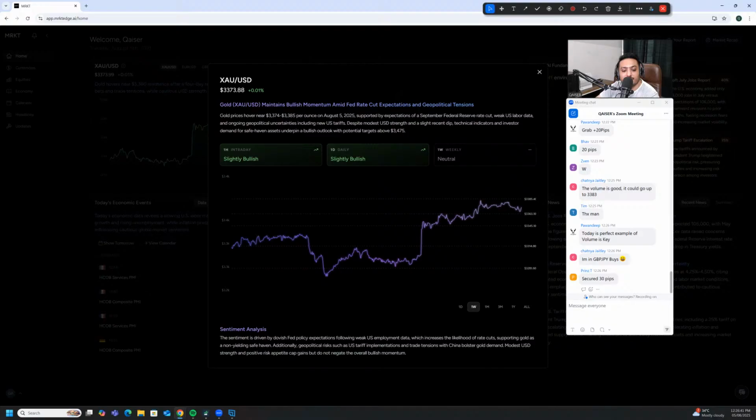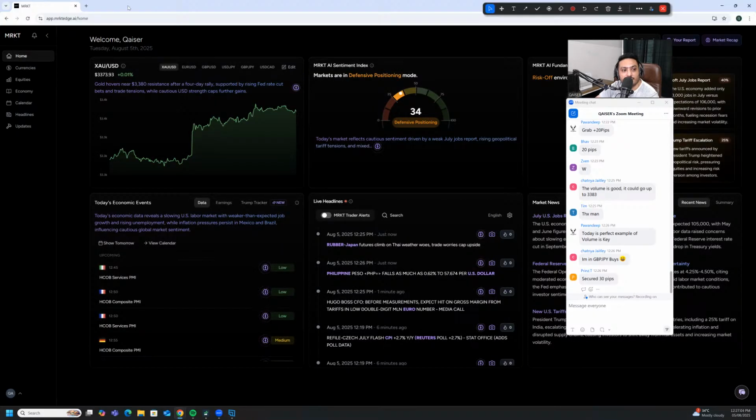Additionally, geopolitical risks such as US tariff implementation and trade tension with China bolster gold demand. Modest USD strength and positive risk appetite cap gains, but do not negate the overall bullish momentum. So it's clearly showing us we're in a bullish momentum right now. That's really such a nice one.